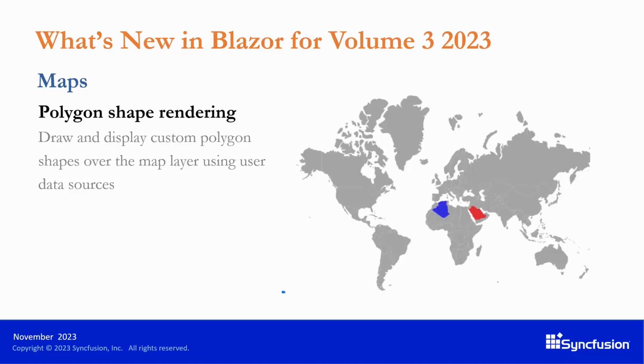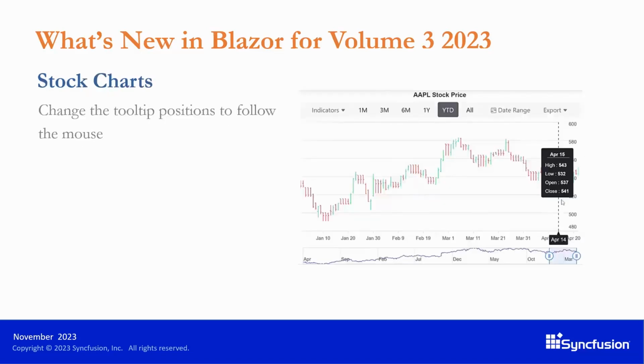It is easy to draw and display custom polygon shapes over the map layer. And the last update for the Blazor platform is the stock chart tooltip position. So, using your mouse, you can change the tooltip position around the stock chart area.